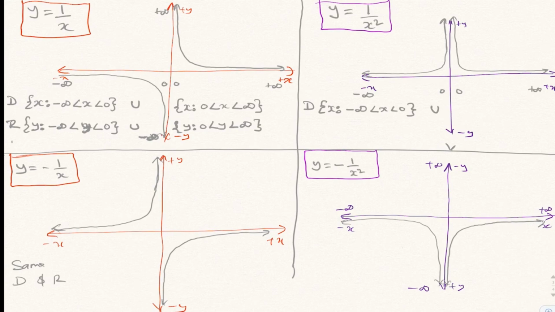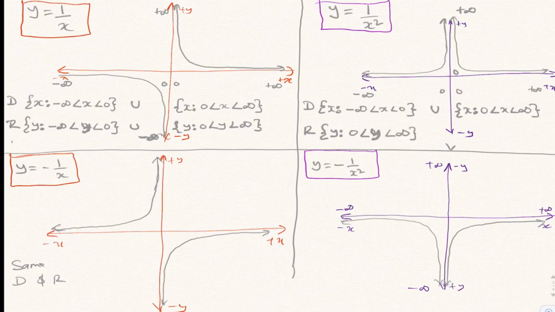So if there's a break, you use union. And then start with the curly bracket again. x colon, you start from 0 this time, less than x, less than positive infinity, close the curly bracket. The range, on the other hand, only goes from 0 to positive infinity. So we go y colon 0 is less than y, is less than positive infinity.